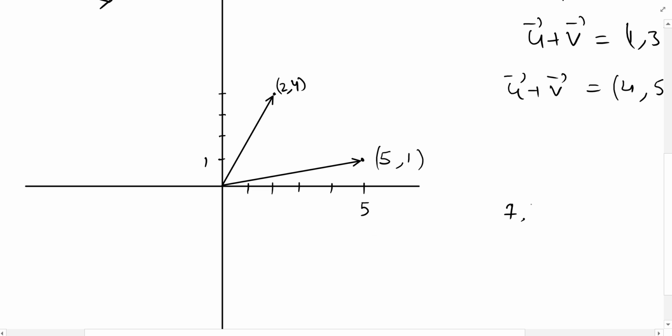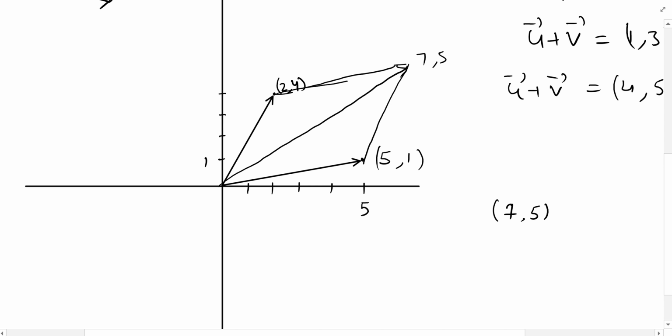And then 4 plus 1 is 5. That is the sum of them. So it's going to be in the middle. And let me complete the parallelogram. Well, I'll make it just with the hand. So it's going to be in the middle there. 7, 5.